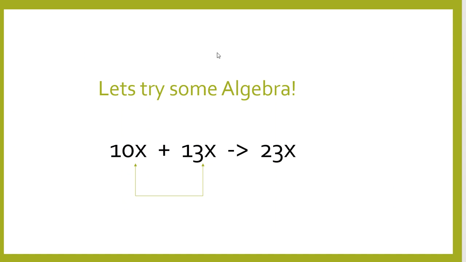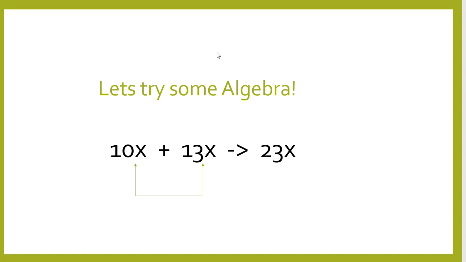And again, the word that we use to describe these two terms in the expression that have the same variables, we call them like terms. So we have 10x plus 13x is 23x, and that's okay because they all are involving the letter x, the variable x.